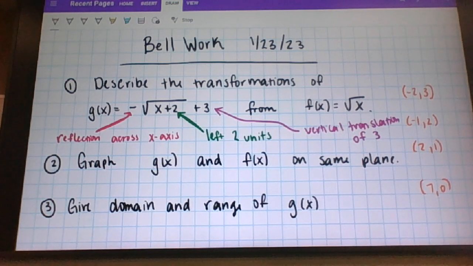Give domain and range. Directions for number 2 is to graph both f and g. Go ahead, Kelly.